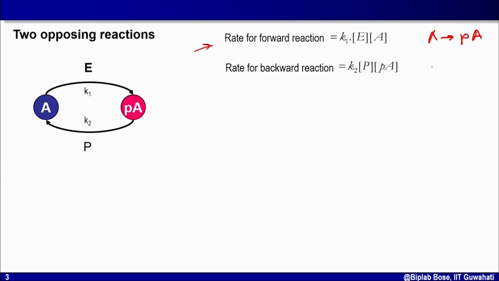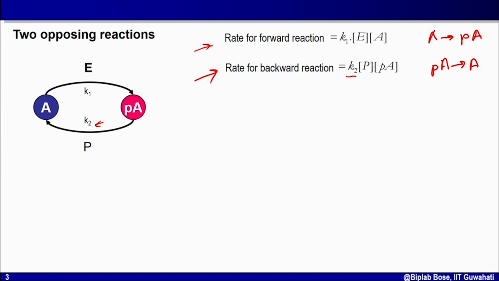Similarly, the backward reaction PA to A is catalyzed by the phosphatase. The enzyme is phosphatase here, so that is P. So the rate of the backward reaction is equal to K2 into P, the concentration of the phosphatase, into PA, the concentration of phosphorylated A. So K2 here is the rate constant for the backward reaction.